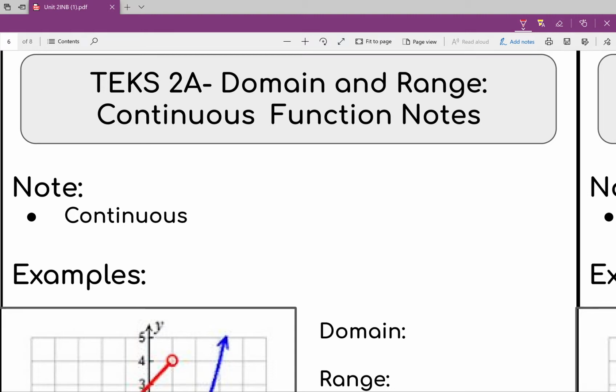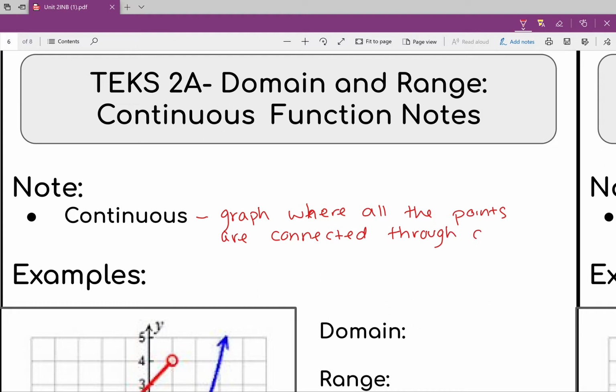Remember, continuous is a graph where all the points are connected through a line. So our domain and range are going to be a little different than discrete.